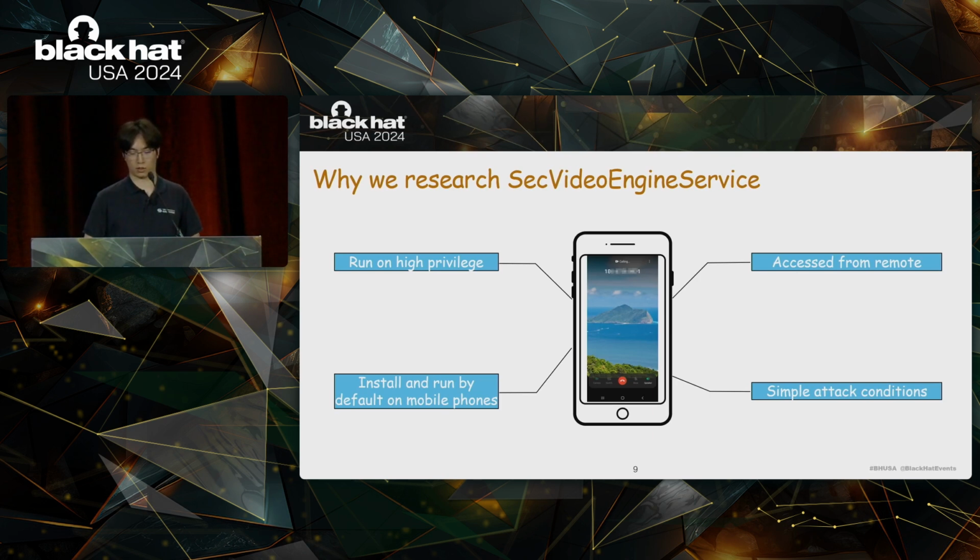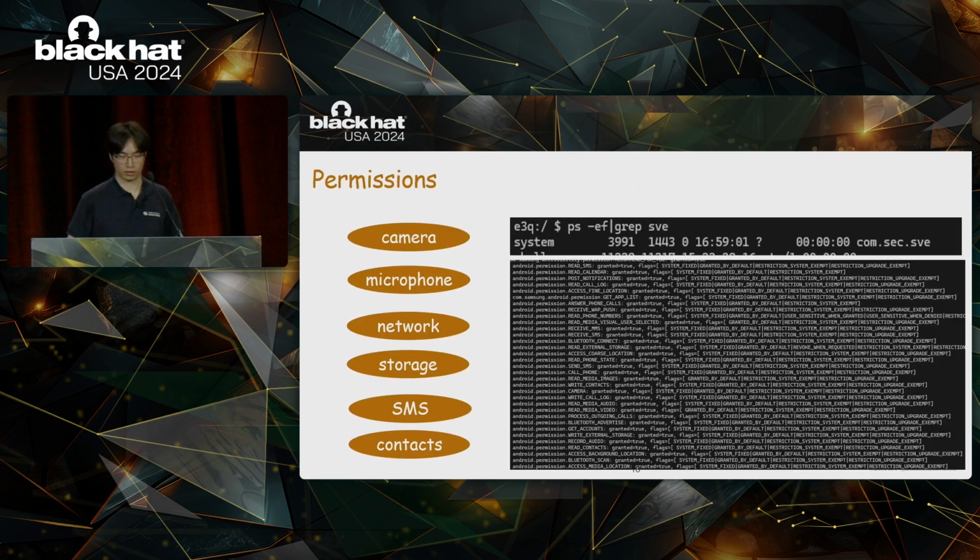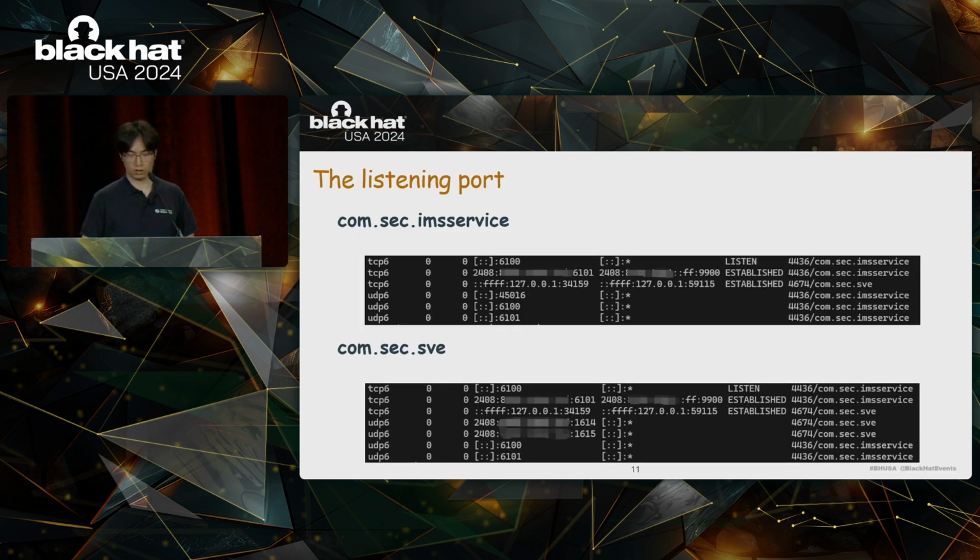Then let us learn some details about the features. This service process runs as system, the highest privilege in user space, and also has camera, network, storage, SMS, microphone, contacts, and other permissions. These two screenshots show that the service process is listening on ports on the IP.